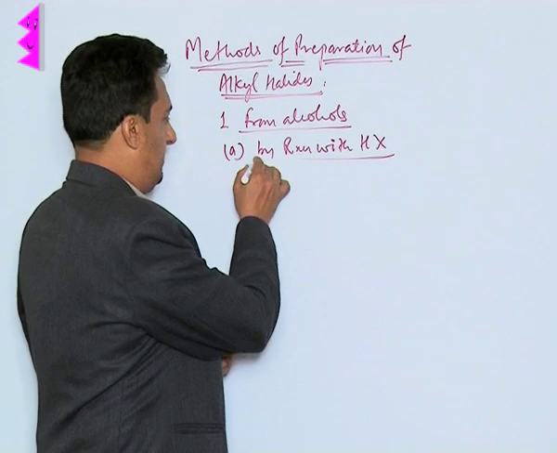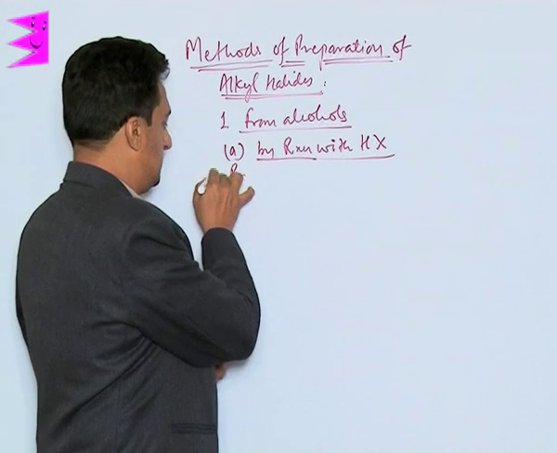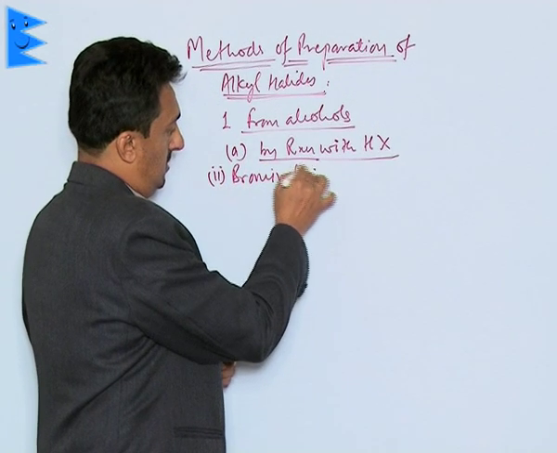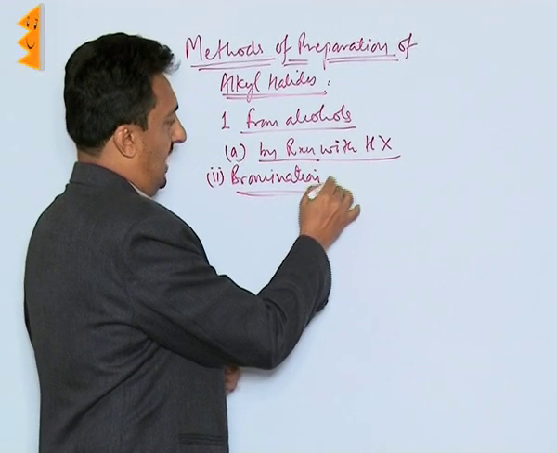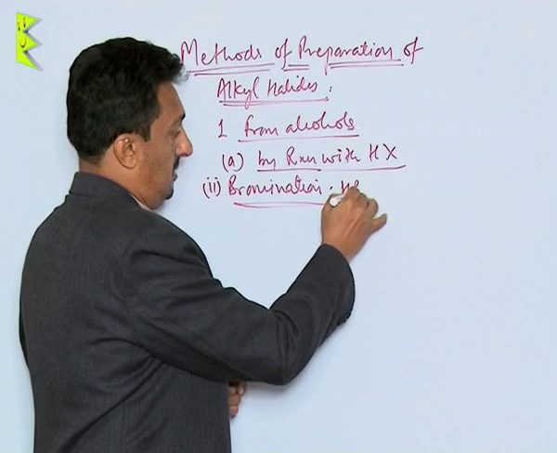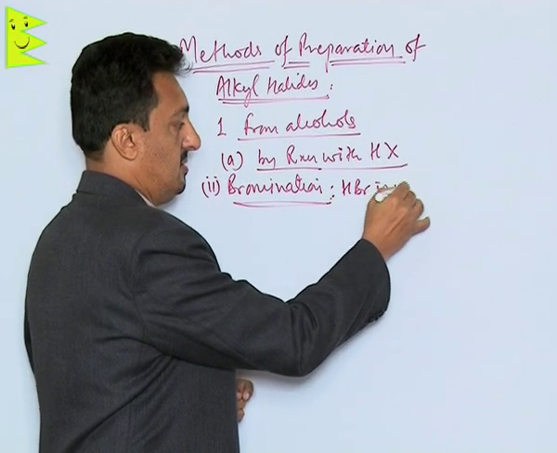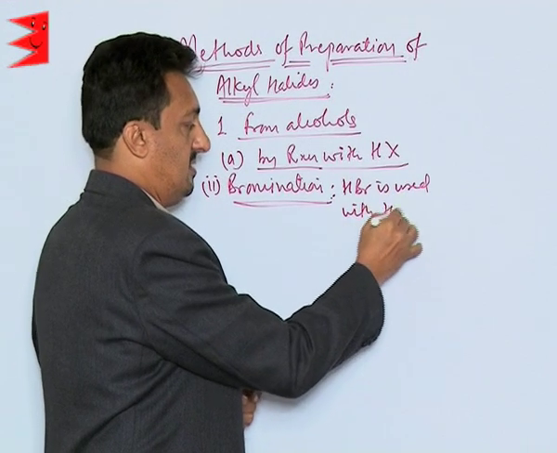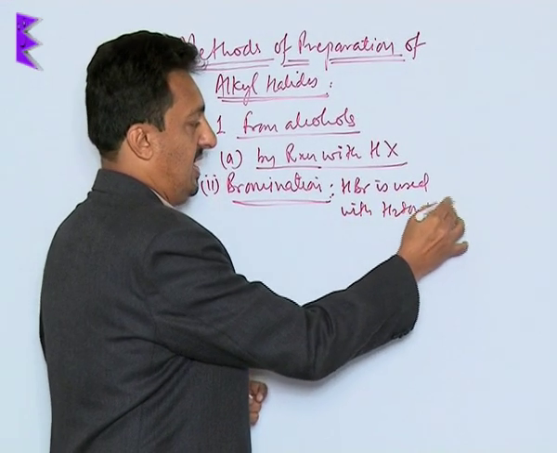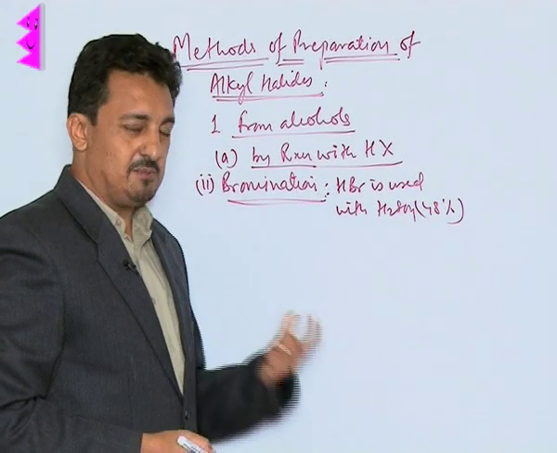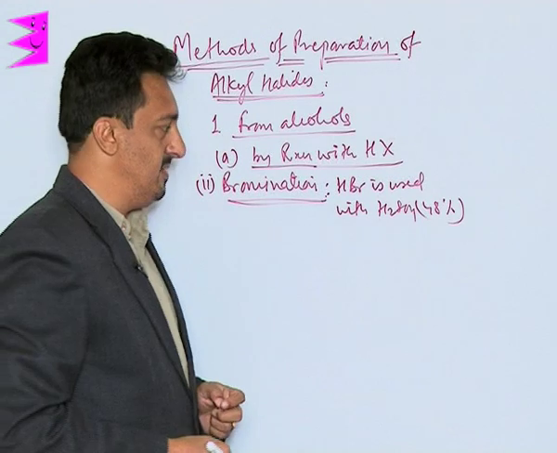Now, for bromination, HBr is used with sulfuric acid, 48% sulfuric acid is taken.